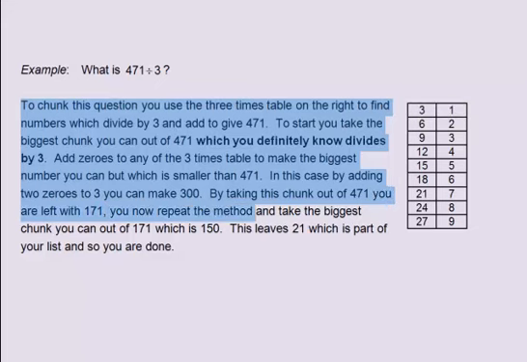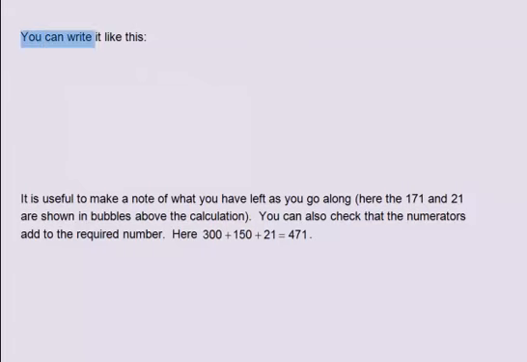You now repeat the method and take the biggest chunk out of 171, which is 150. This leaves 21, which is part of your list, and so you are done. You can write it like this: 471 divided by 3 equals 300 over 3, with 171 left over.